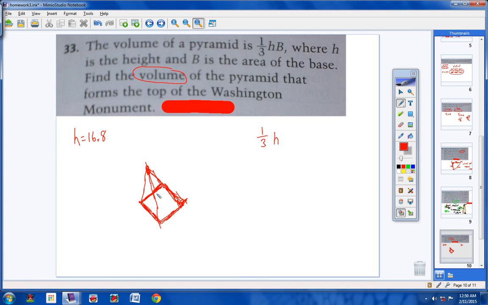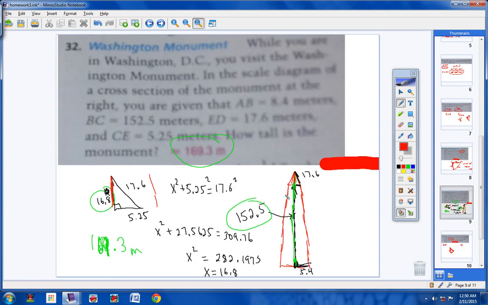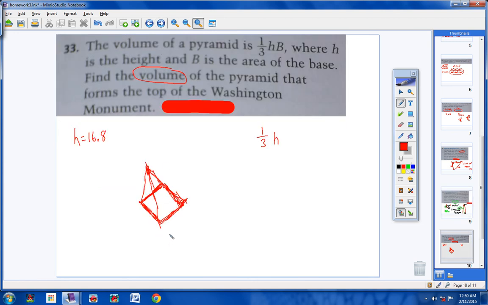Now think about this carefully, guys. Watch. If I know the distance from here to here, going across right here, is 5.25, then I know going all the way across is going to be 10.5. So all the way across this whole square is 10.5, and this would also be 10.5.